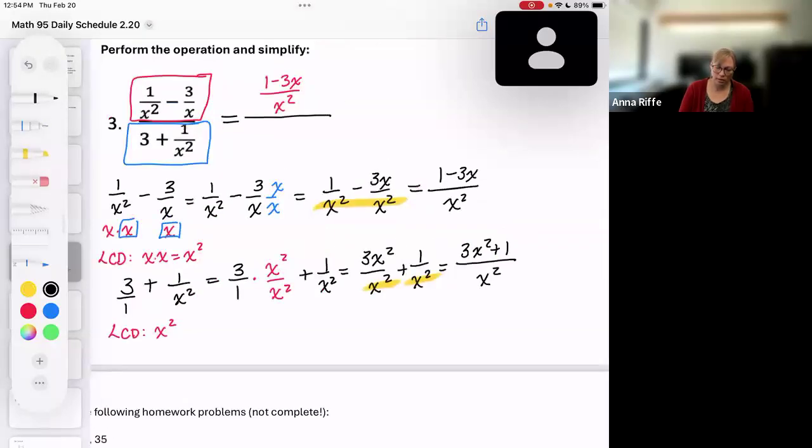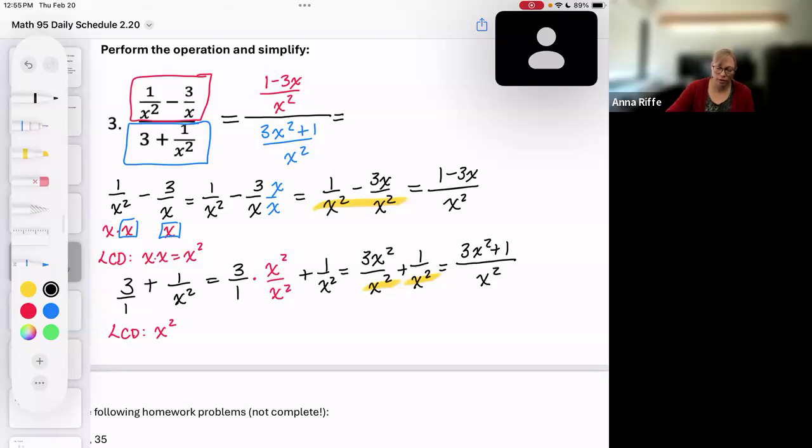So I'm going to replace the denominator of this fraction by that. And now we have a single fraction in the numerator and in the denominator, which is a little bit of work, but it allows us now to rewrite this as multiplication.